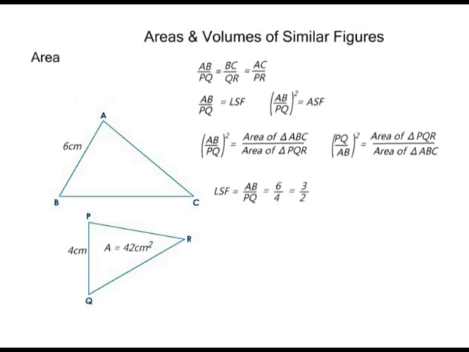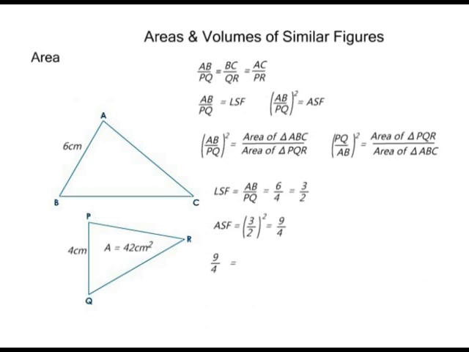Area scale factor is equal to the linear scale factor squared. (3 over 2) squared is equal to 9 over 4. And so 9 over 4 is equal to, now in our linear scale factor, we used AB over PQ, and so in the area, we also maintain the ratio. So we have triangle ABC over triangle PQR.